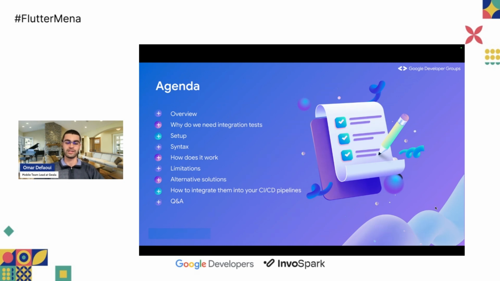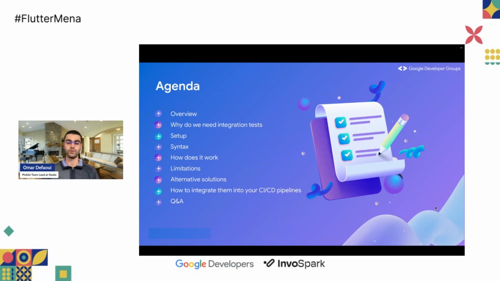Then we will present some limitations that we have with the default integration testing provided by the Flutter team. And of course, when we talk about limitations, we need to provide the solutions. So I will share with you some alternatives that I think are great, and we should also learn a little bit about them. So if we are in a new project, we can select which tool is suitable, so we don't lose a lot of time with the wrong tool.